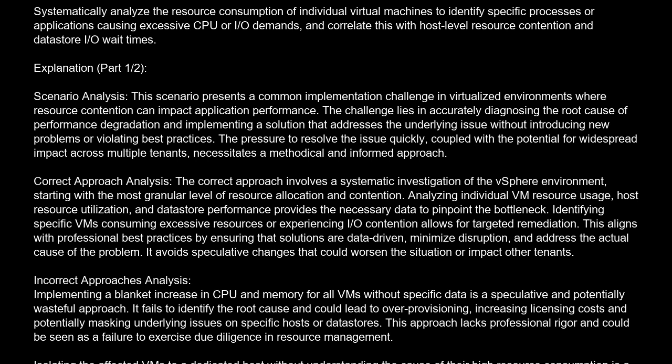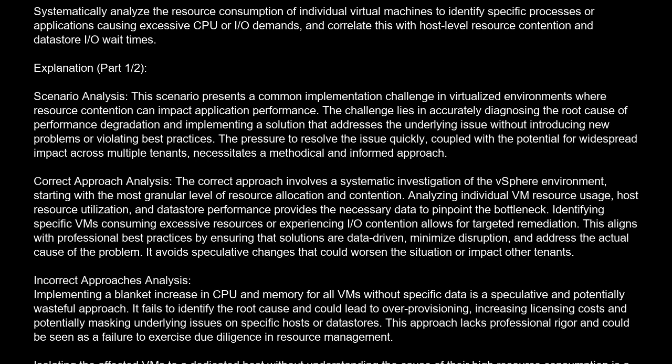Identifying specific VMs consuming excessive resources or experiencing I/O contention allows for targeted remediation. This aligns with professional best practices by ensuring that solutions are data-driven, minimize disruption, and address the actual cause of the problem. It avoids speculative changes that could worsen the situation or impact other tenants.